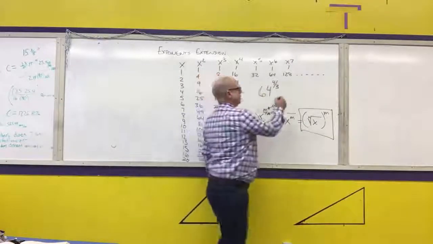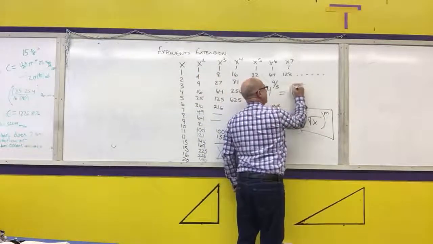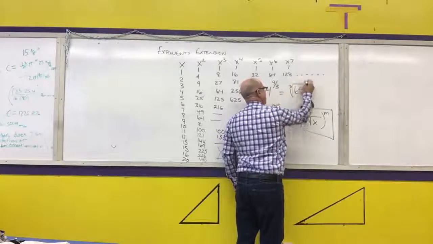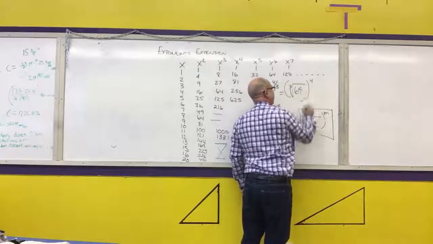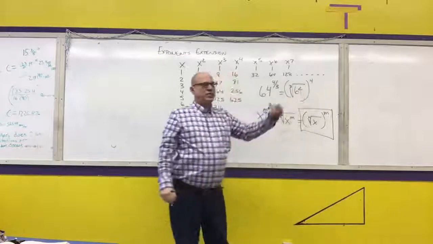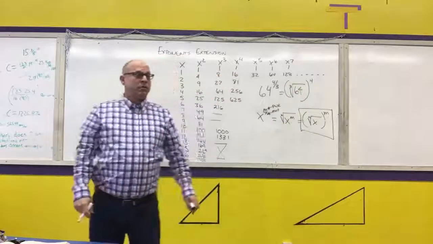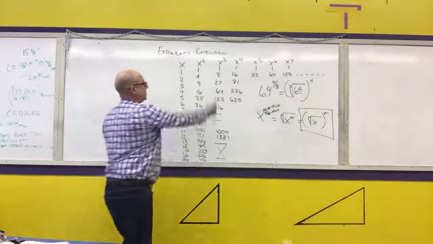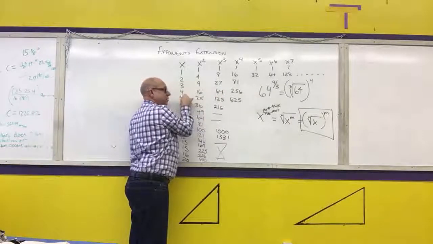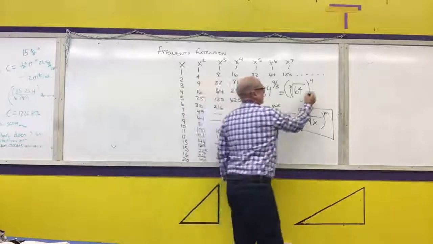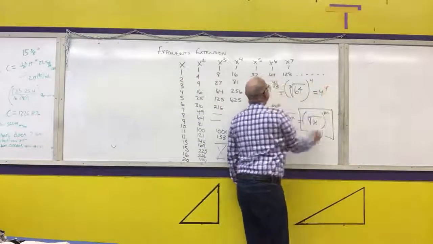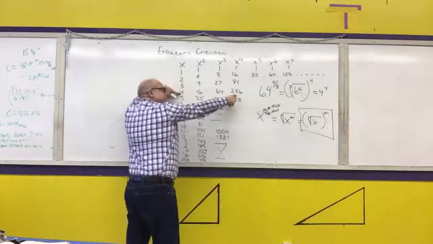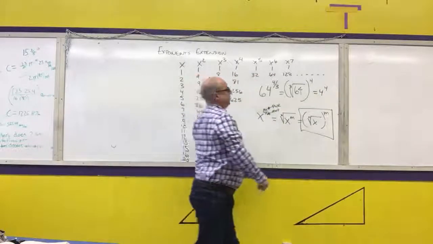This is the cube root of 64 raised to the 4th. What's the cube root of 64? 4. 4 to the 4th is 256.